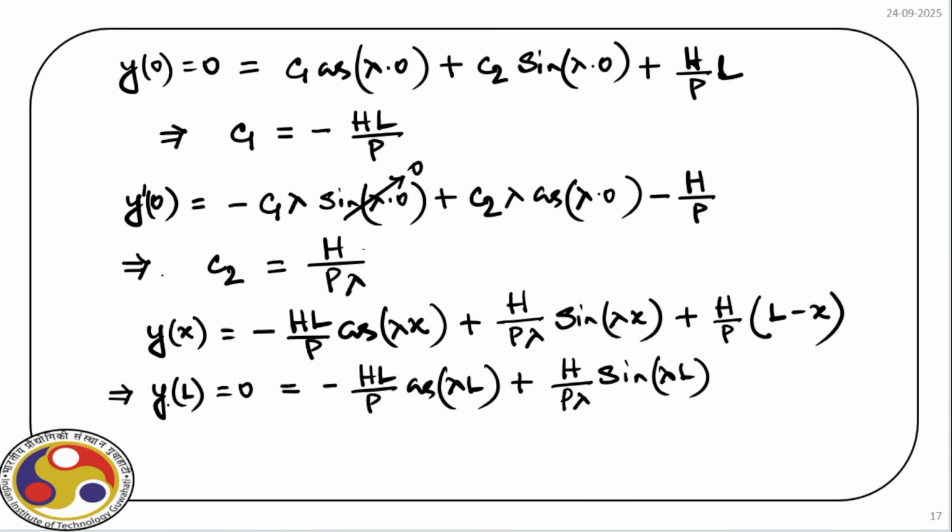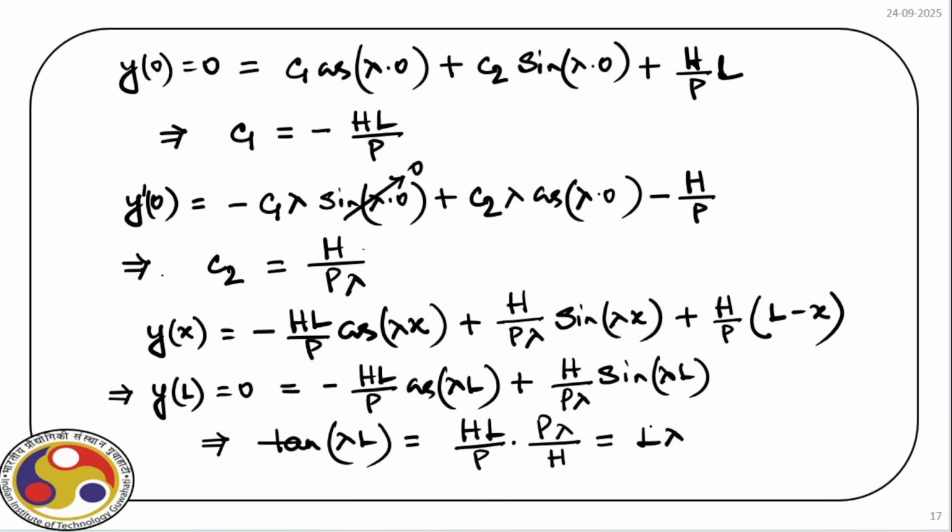Now what we get after simplifying is tan of lambda L is equal to HL by P times P lambda divided by H, which means this is L lambda, or we can write lambda L, right?